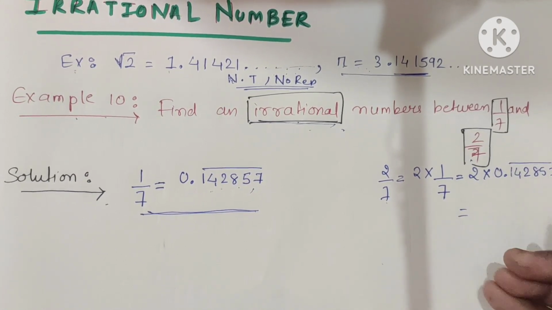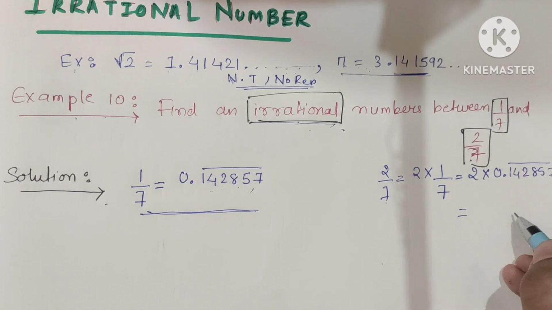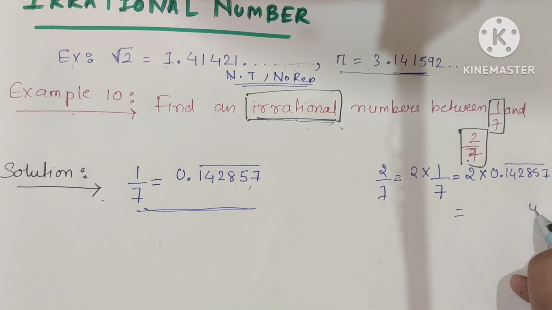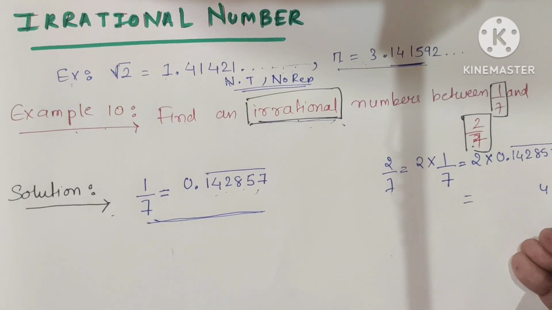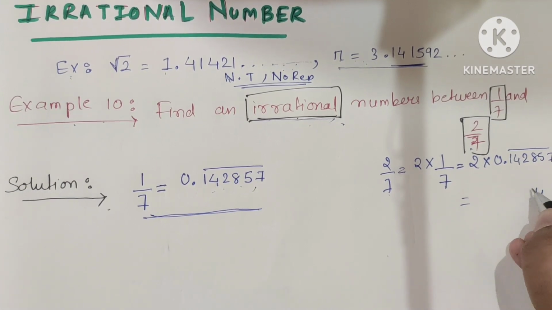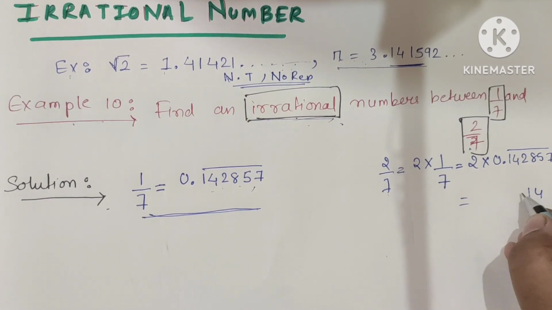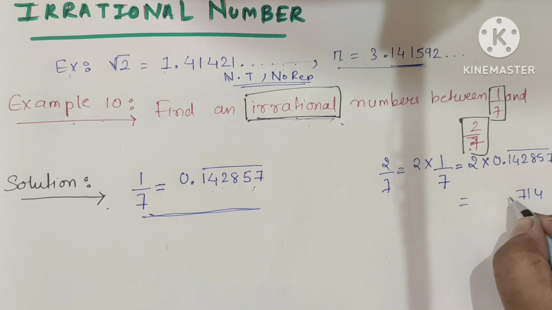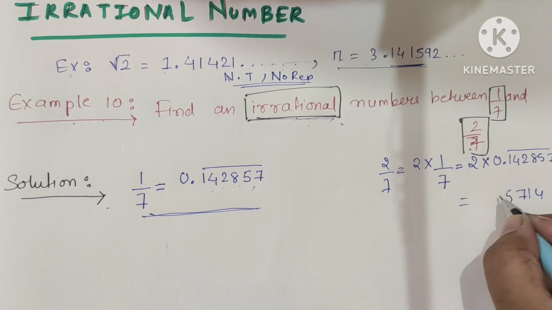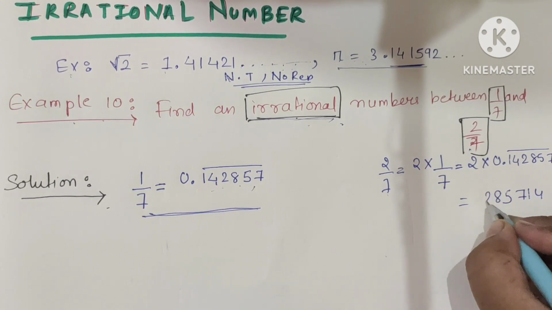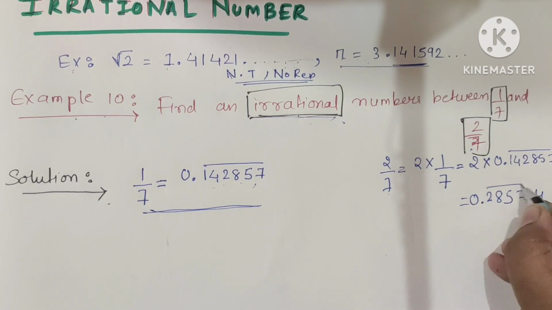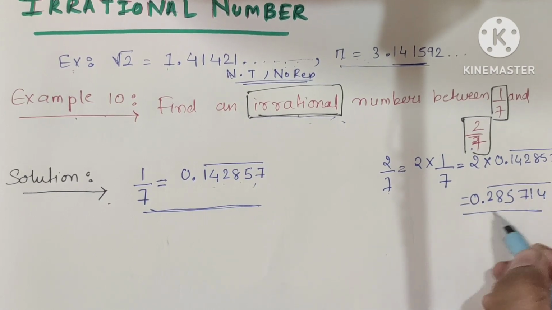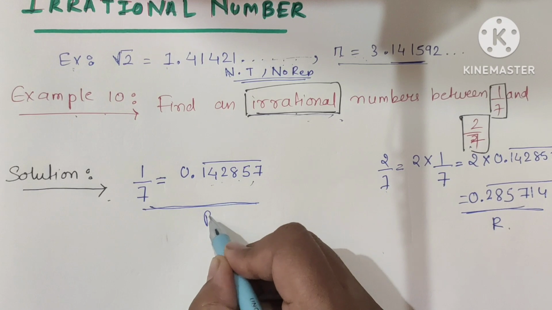What will the number be? 2 4s are 8, 2 7s are 14, and so on, giving 0.285714. This is also rational, and this is also rational.